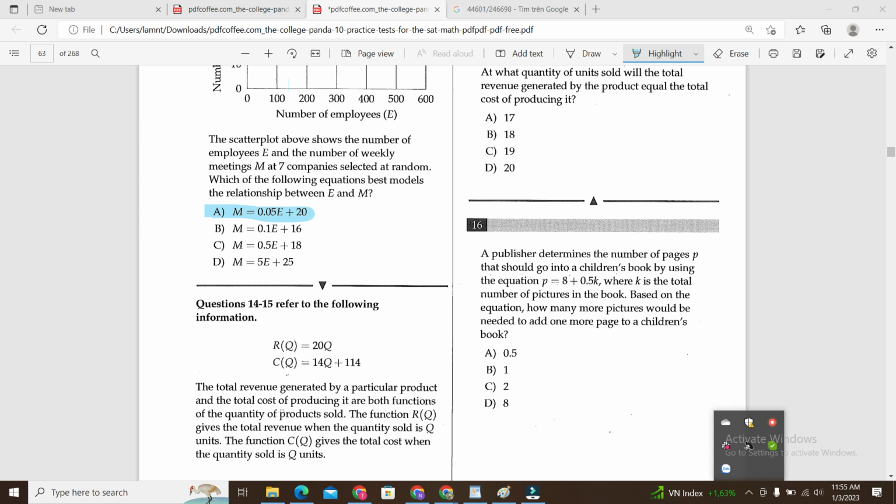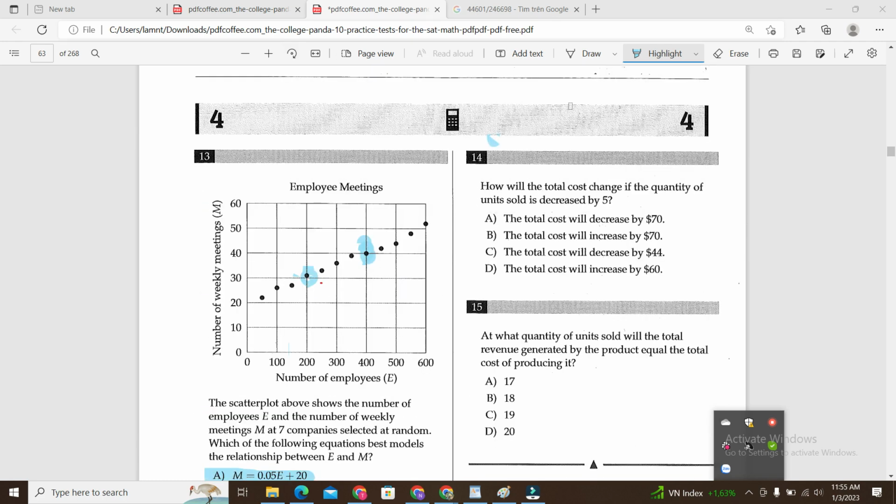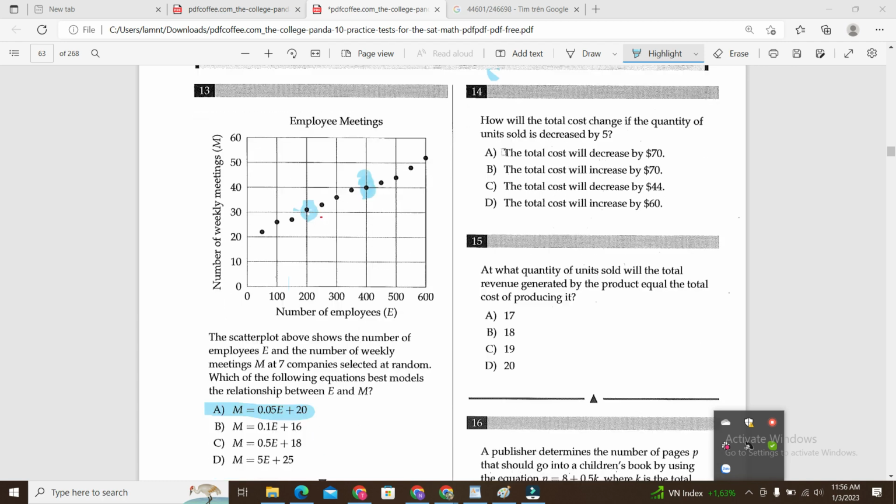The function R of Q gives the total revenue, and C of Q gives the total cost. How will the total cost change if the quantity of units sold is decreased by 5?